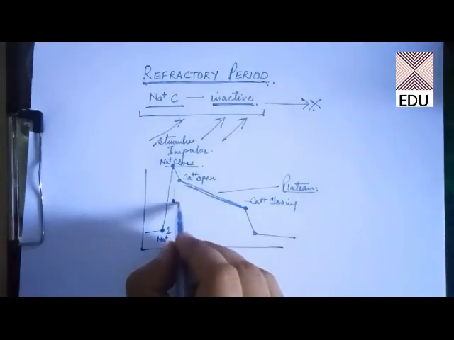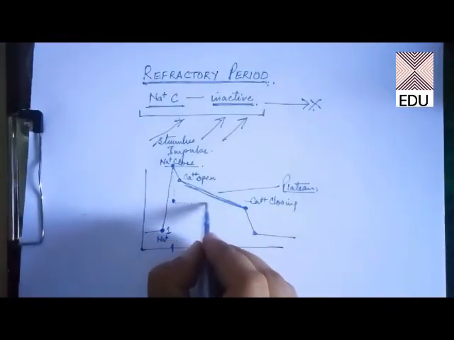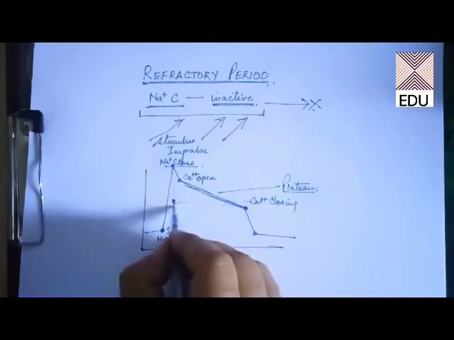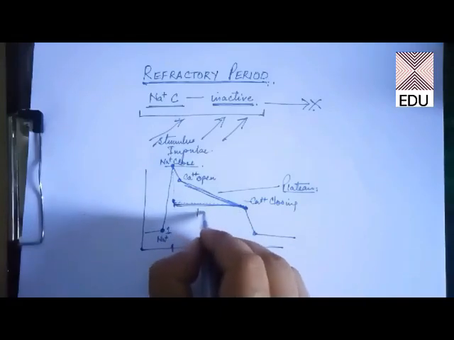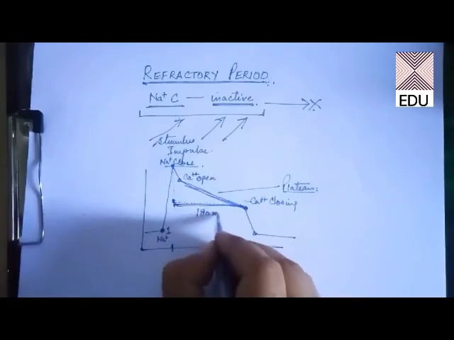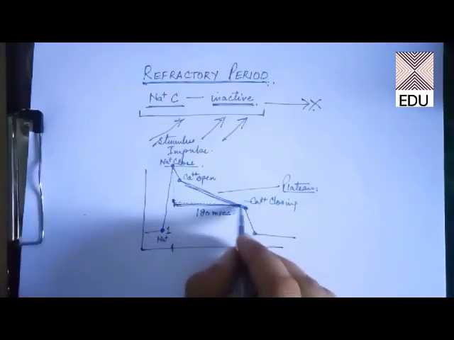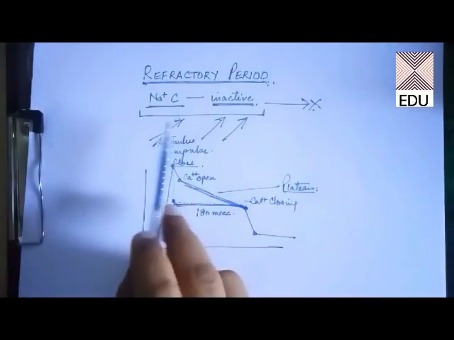Now from this time, if we take the time up till the calcium channels are closed, this period of time is about 180 milliseconds. Now this period is the refractory period.